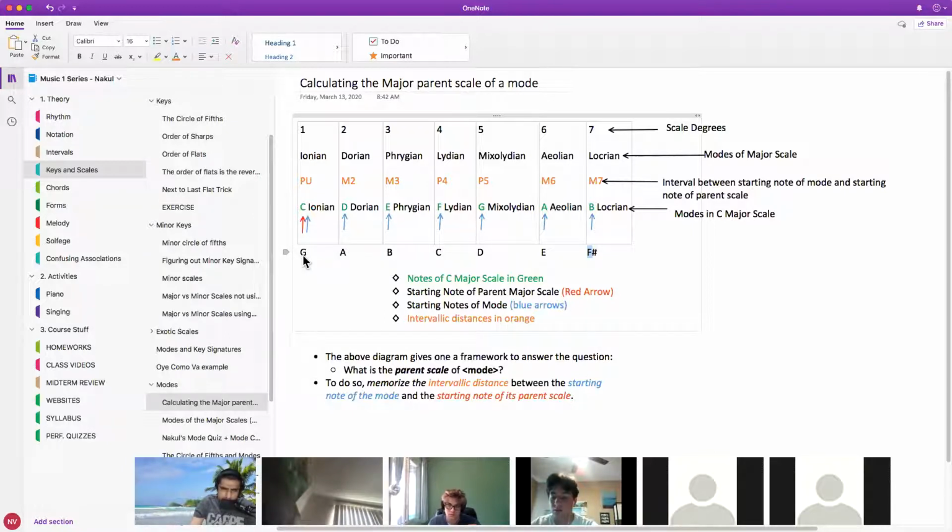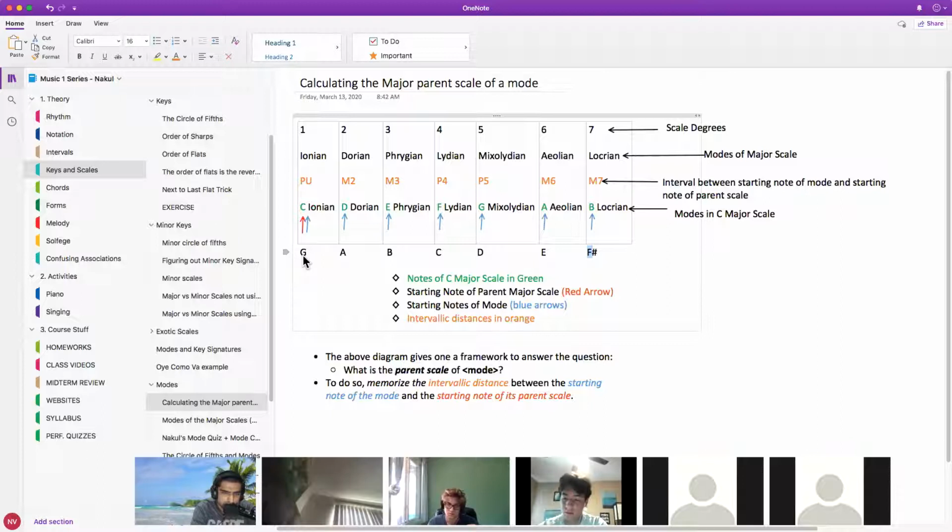I forget what the flats or the accidentals are for each one. So say you're doing the G scale. Whatever rules you assign to each one, do you base it off the major scale of each letter?